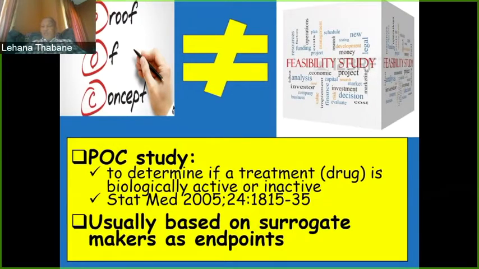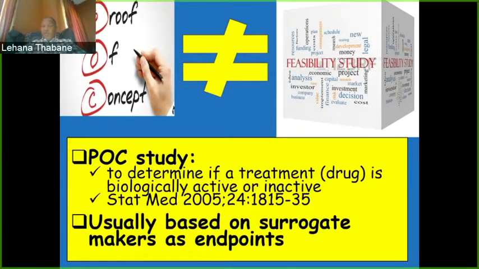So typically this would use surrogate outcomes. If I'm trying to deal with cardiovascular mortality and prevent it, then I could use blood pressure as a surrogate marker of that. And then you can assess whether this therapy would actually work if I'm trying to prevent cardiovascular mortality.